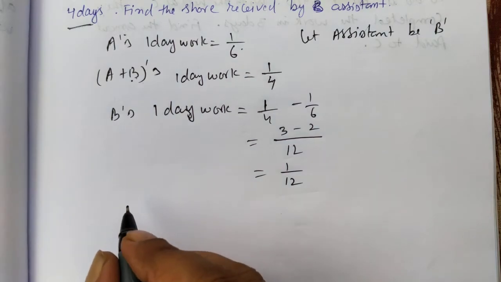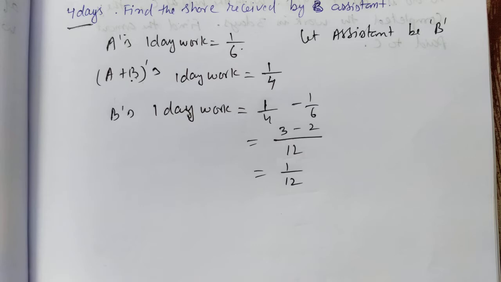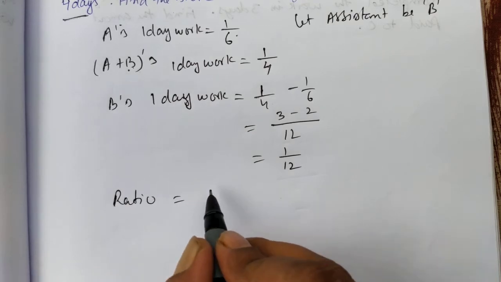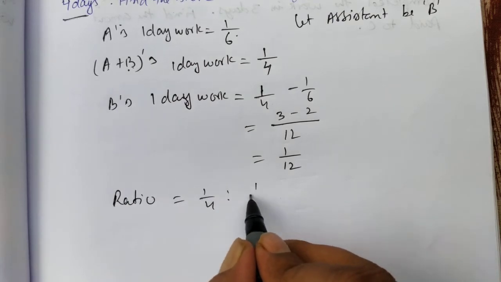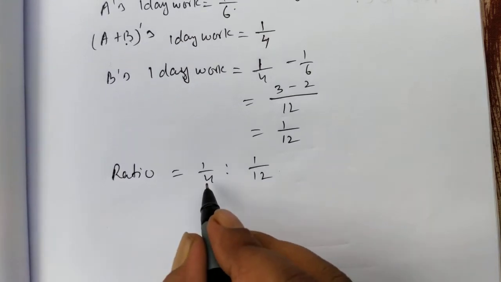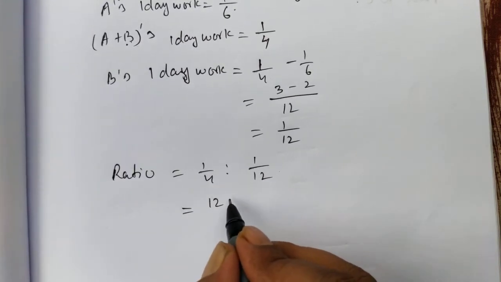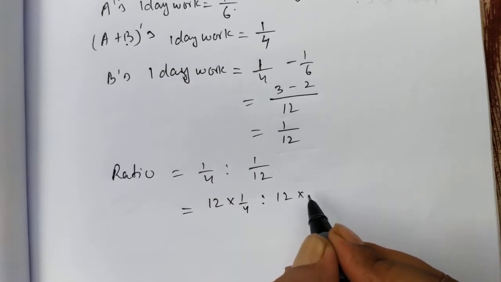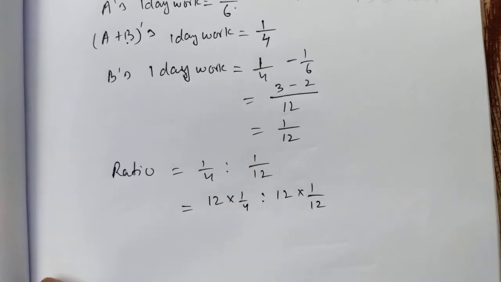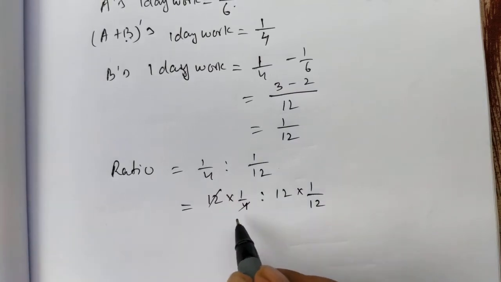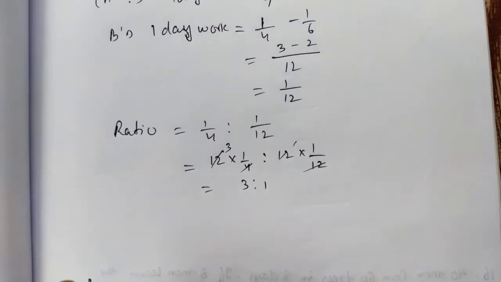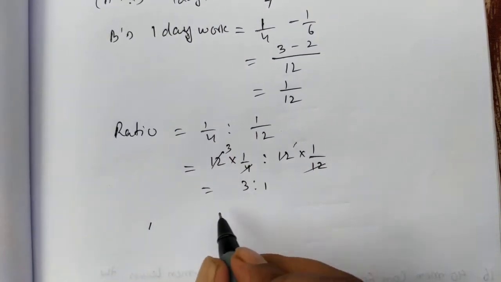Let's find the ratio now. A is 1 by 4, B is 1 by 12. So we have to multiply by 12 to remove the fraction. 3 times, 1 time. So we're getting 3 is to 1. That means A share is 3 and B share is 1.